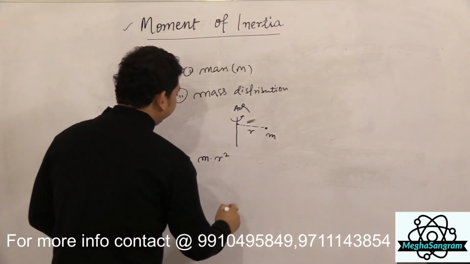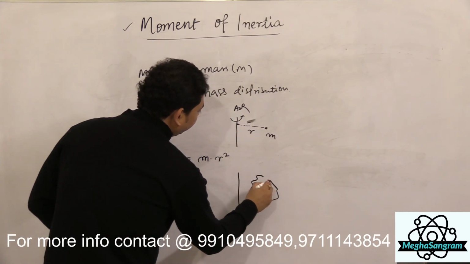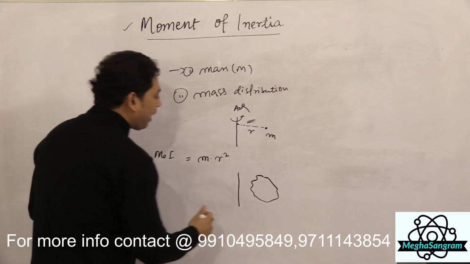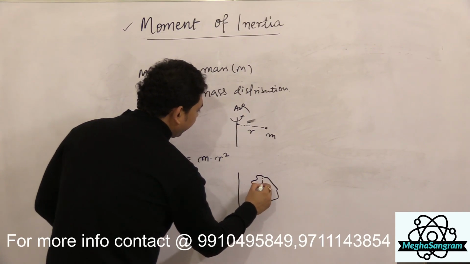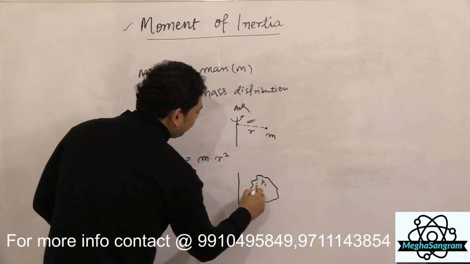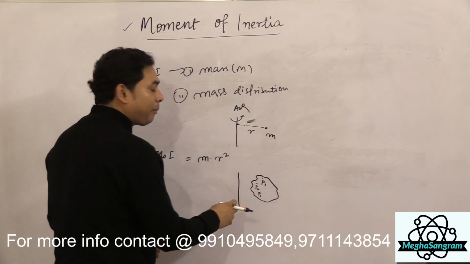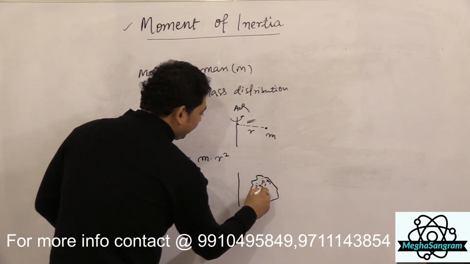But what if I have to calculate the moment of inertia about an axis of rotation of a rigid body? If we know different masses of this rigid body, let's say a rigid body is consisting of various particles P1, P2, P3, P4, likewise up to n particles, then we can assign their masses also M1, M2, M3, likewise.